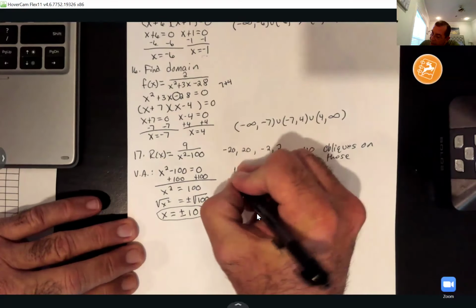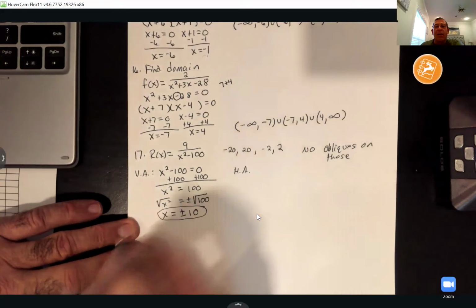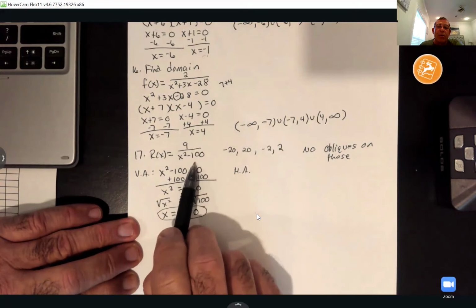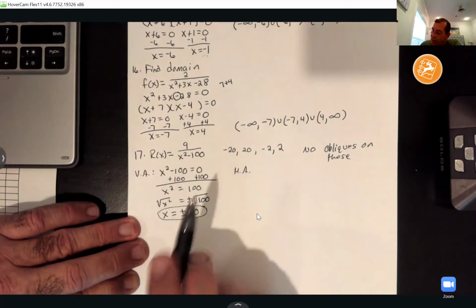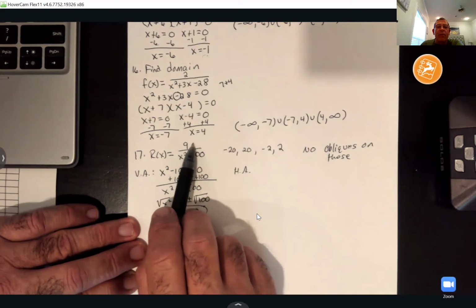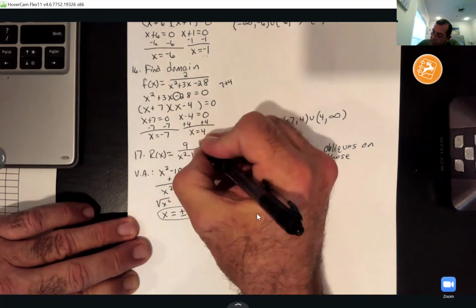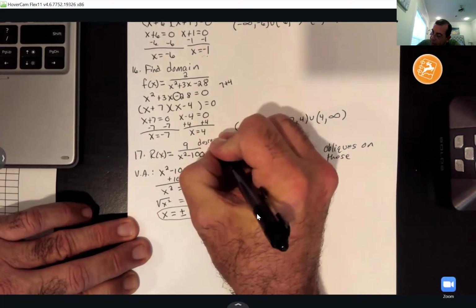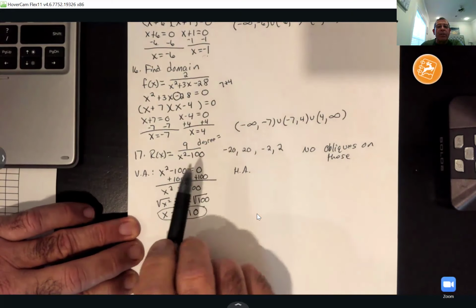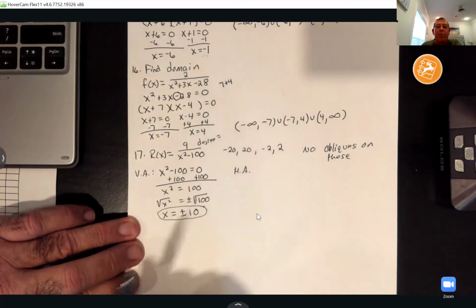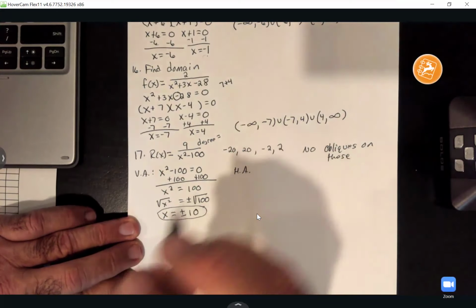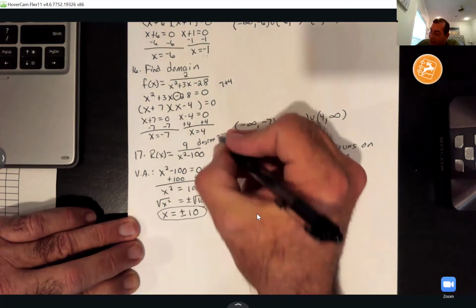So the horizontal asymptote, I compared the degree on top to the degree on the bottom. So my first question, what's the degree of the top of this fraction? What did we say the degree was when there wasn't a variable? 0, there you go.